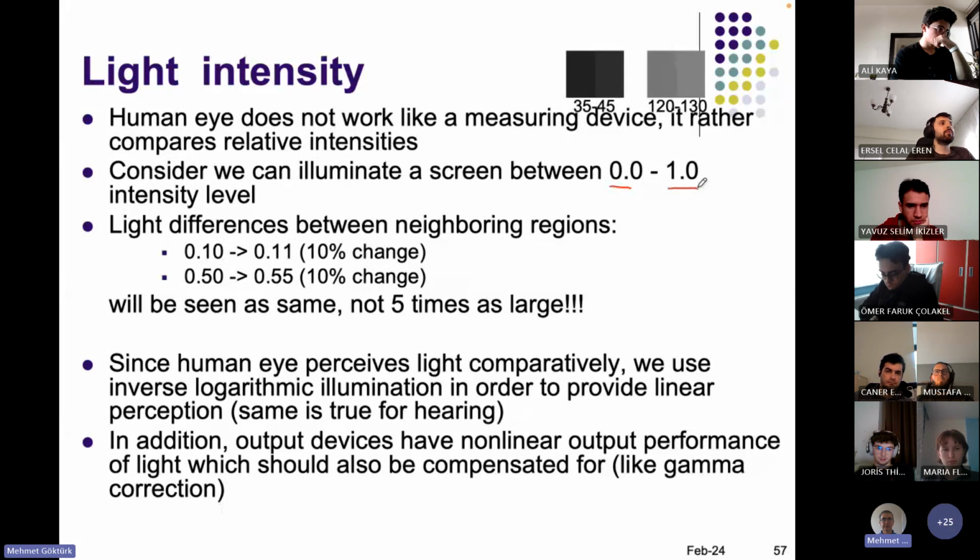So something dark gray, 0.1. When you increase from 0.1 to 0.11, you are increasing it 0.01. So your eye can measure it.